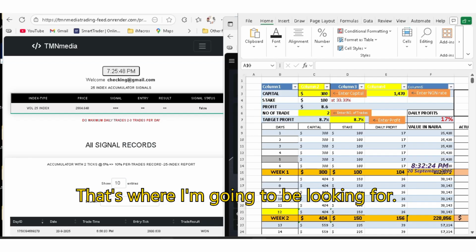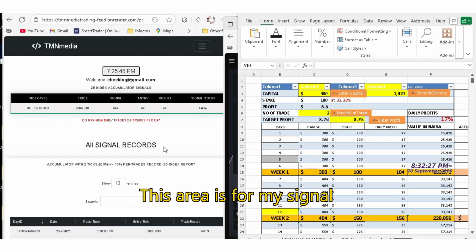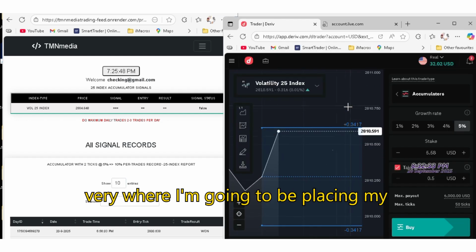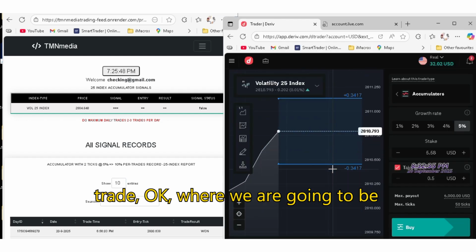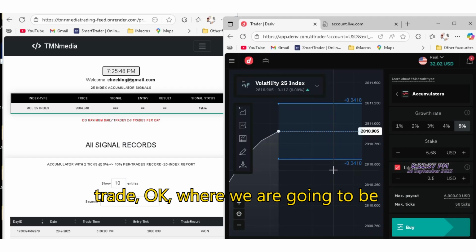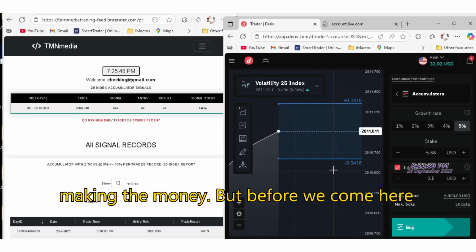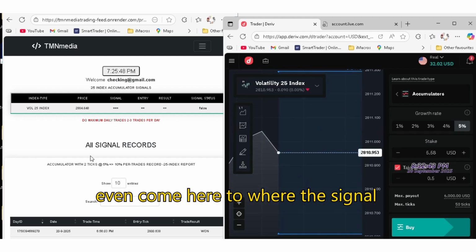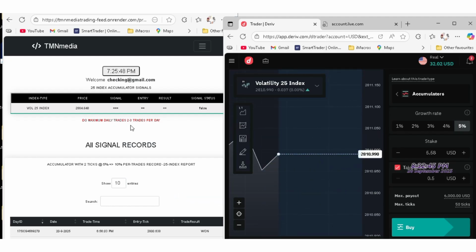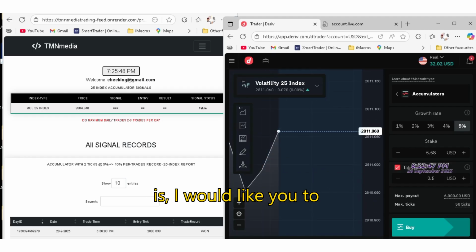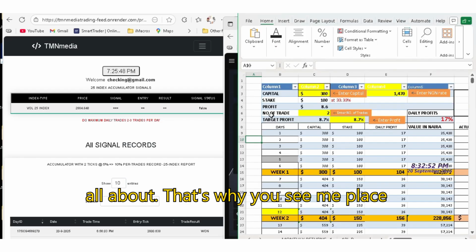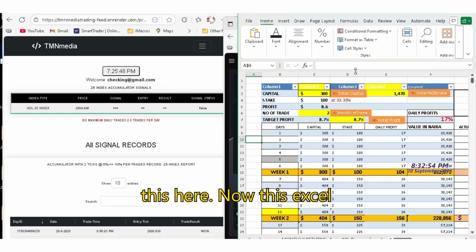While this other part is Deriv, where I'm going to be placing my trade, where we are going to be making the money. But before we come to Deriv to trade, or even to where the signal is, I would like you to understand exactly what trading is all about. That's why you see me place this here.